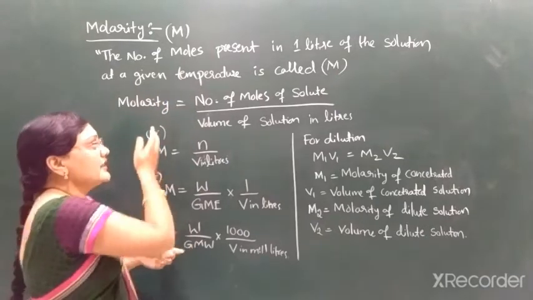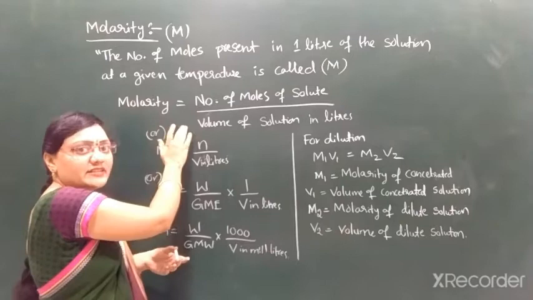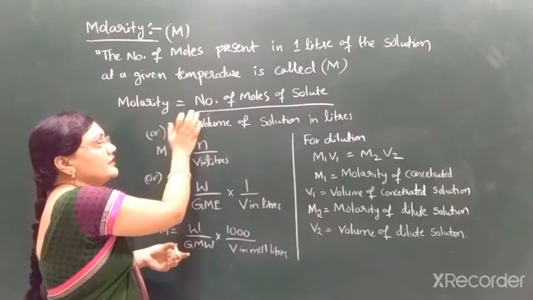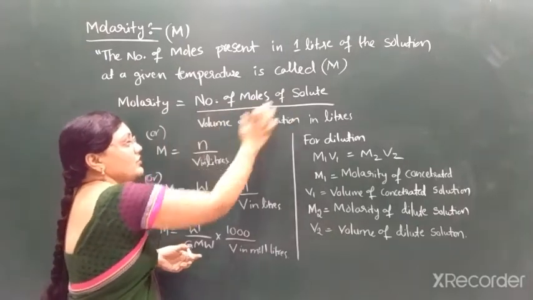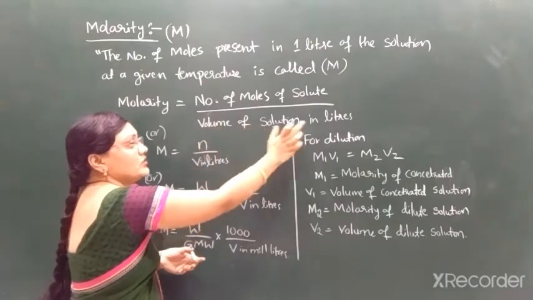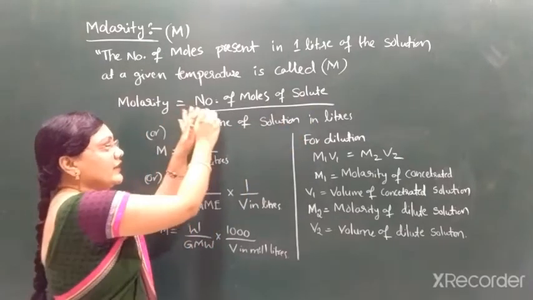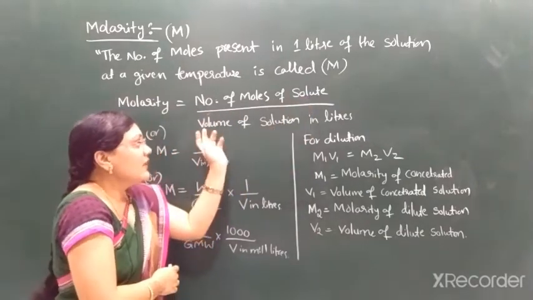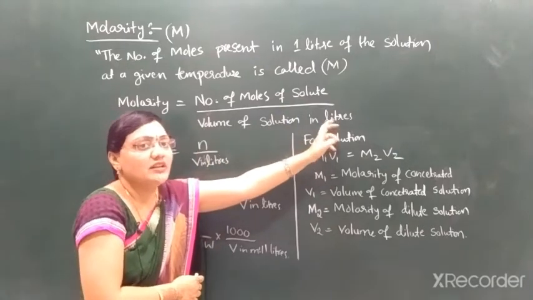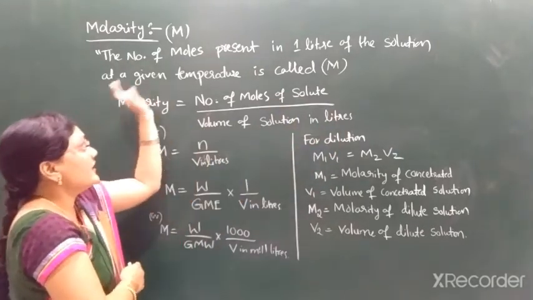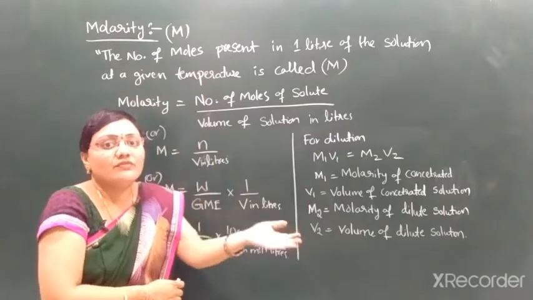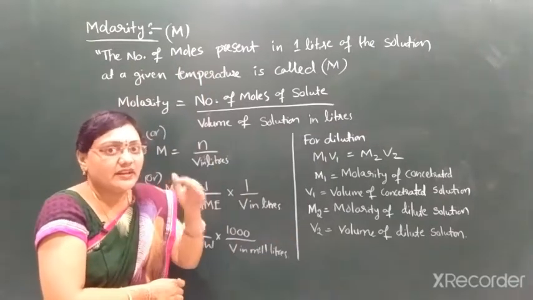Molarity is calculated as the number of moles of solute divided by the volume of the solution in liters. This is the number of moles present in 1 liter of the solution at a given temperature.